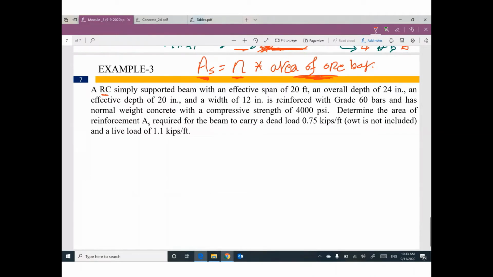Anybody remember the meaning of this expression from structural analysis? Do you remember? Simply supported? Very simple. That means we have a beam with just a support on the right and a support on the left. That's it. Simply supported means a very simple beam with an effective span. This length is called span. How much? 12 feet.